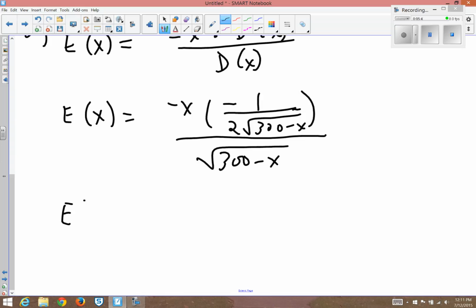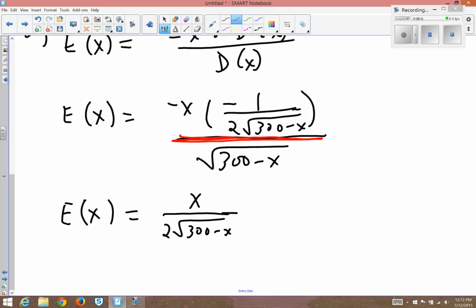In a simpler form, this is a negative times a negative, so we write positive x times 1, over 2 radical 300 minus x. And this division symbol can be rewritten as multiplication by the reciprocal. The reciprocal of radical 300 minus x is 1 over radical 300 minus x. Dividing by something is the same as multiplying by the reciprocal.